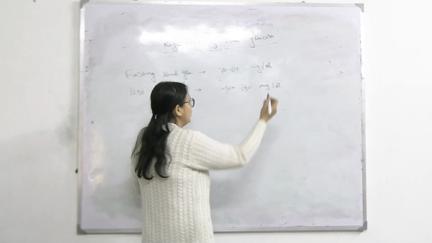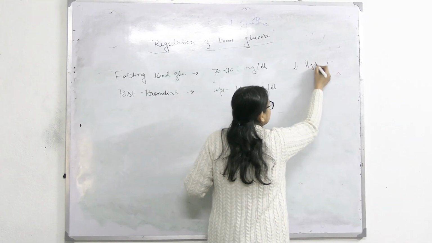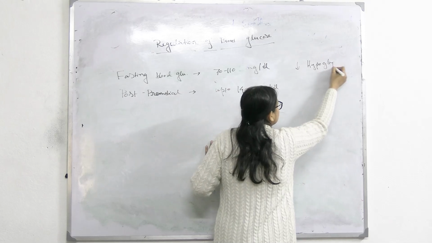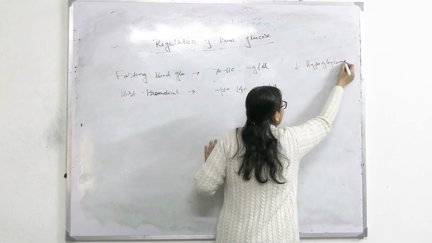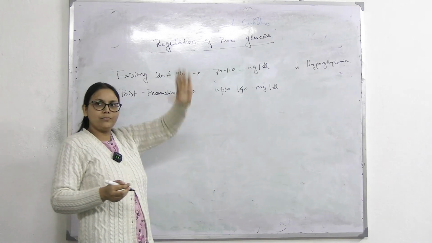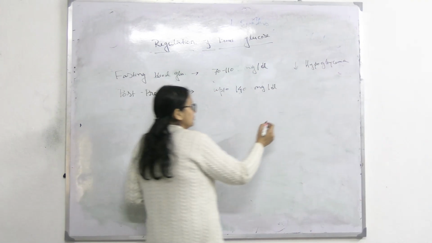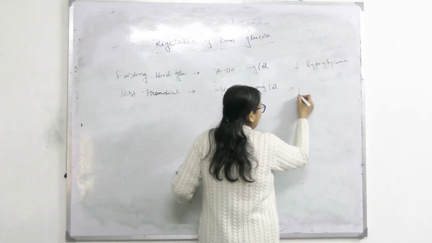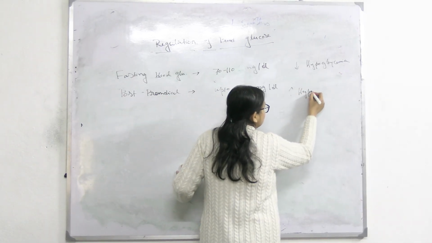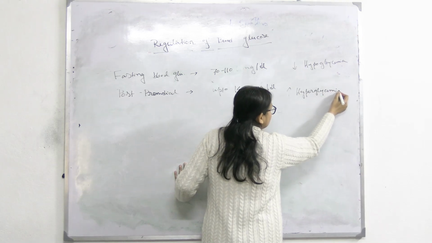Very good, hypoglycemia. When blood glucose level goes above this level, then it is hyperglycemia.